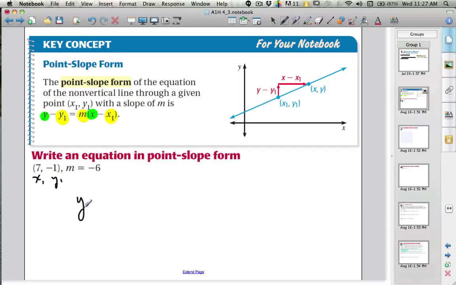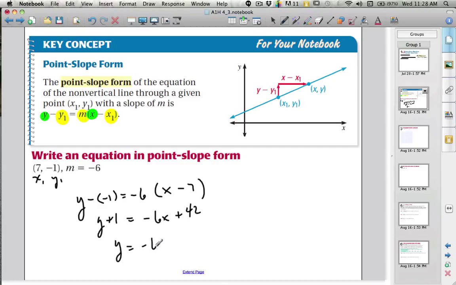So I'll have y minus y1 is equal to my slope, -6, times x minus x1. When I simplify this, I'll have y plus 1 is equal to -6x plus 42. And when we subtract 1, y is equal to -6x plus 41.